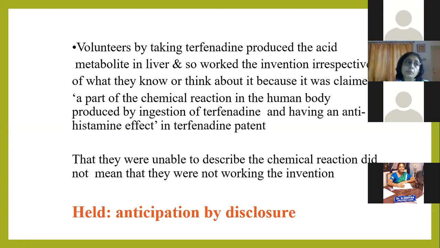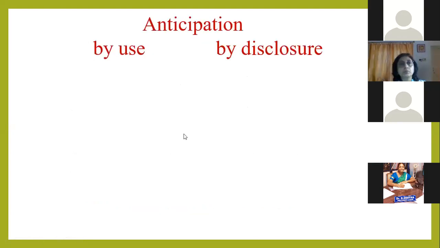So the enablement part is there. Accordingly it was held that the second patent was anticipated by disclosure. So the second patent was revoked, not because it was anticipated by prior use, but because it was anticipated by prior disclosure of the first patent.